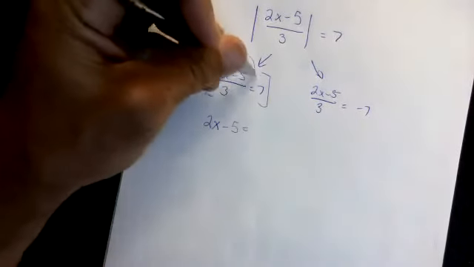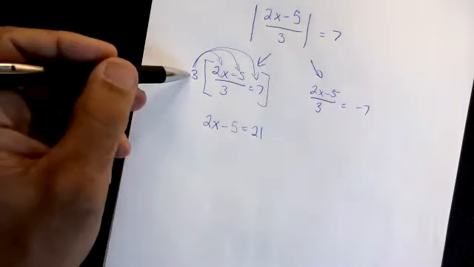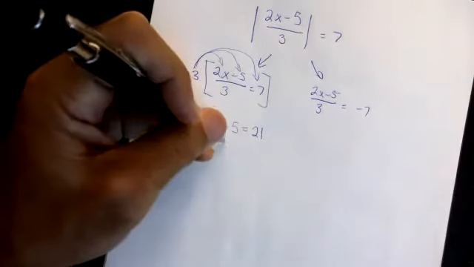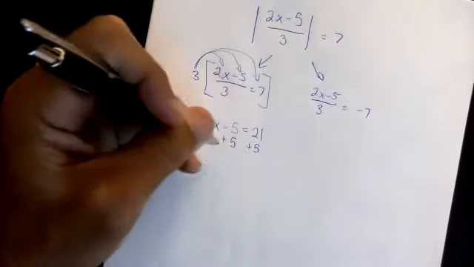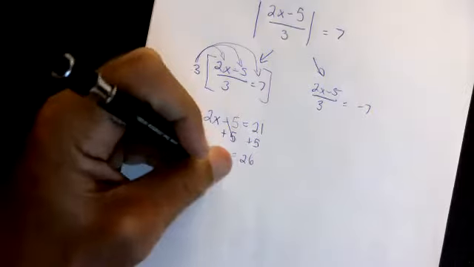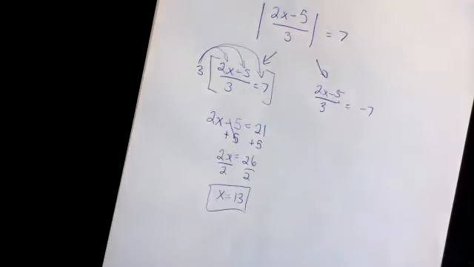And then if I take 3 times 7, I get 21. So if I just do this one step, that gets rid of my fractions, and now I've got a problem to solve with no fractions in it. 21 plus 5 is 26. Divide. x could potentially equal 13.